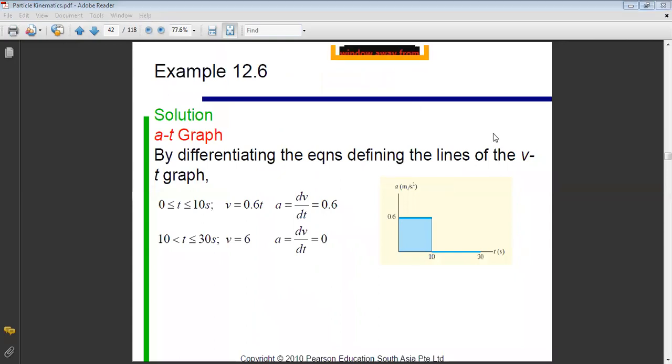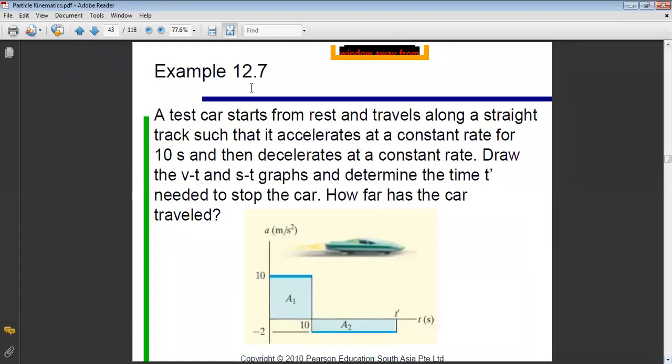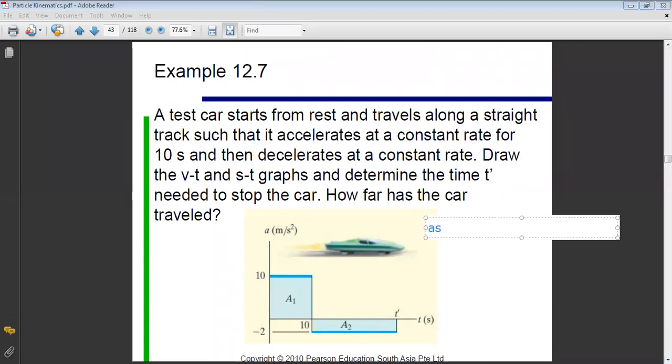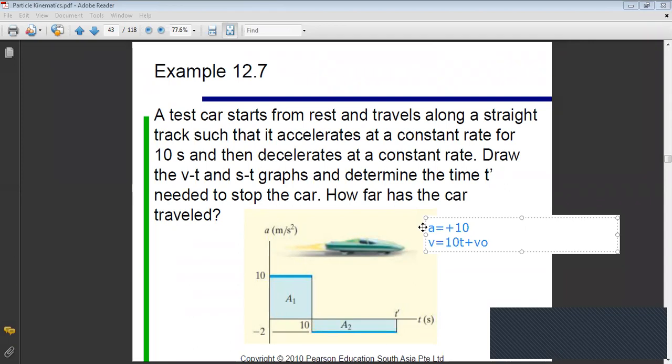Okay, so for the first phase, we have that the acceleration is equal to plus 10. So for velocity, v is equal to 10t plus v0. They said that it's starting from rest, so v0 is 0, so v is equal to 10t.